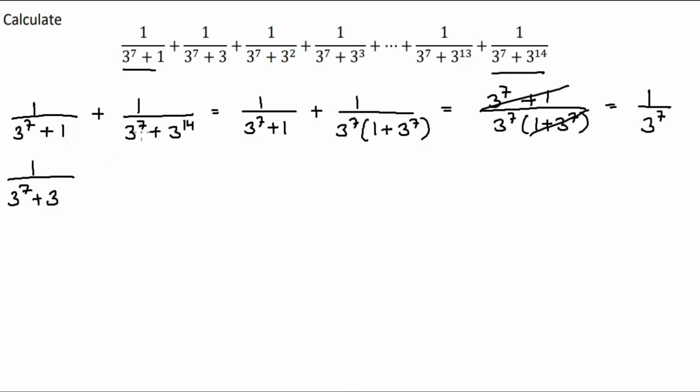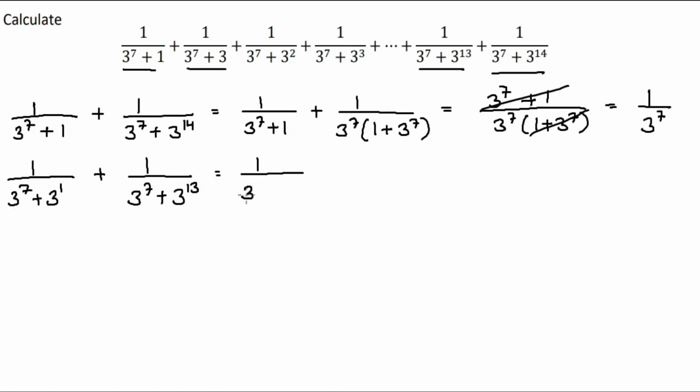Let's take the second part and the second last part: 1 over 3 to the power of 1 plus 1 over (3 to the power of 7 plus 3 to the power of 13). Now it is the same idea, but I have to make a little alteration.